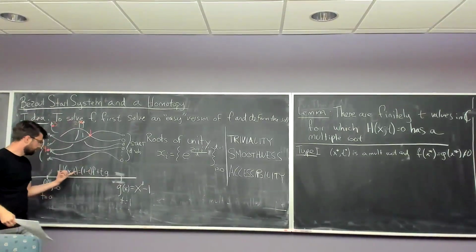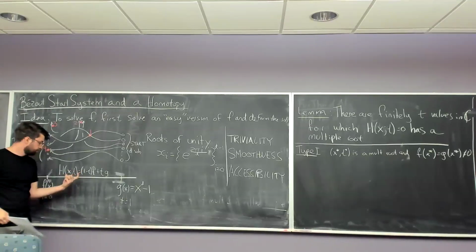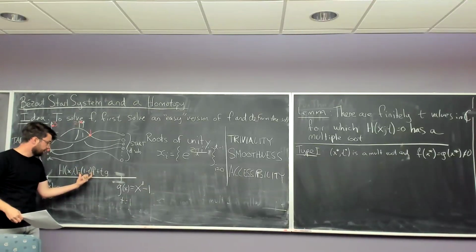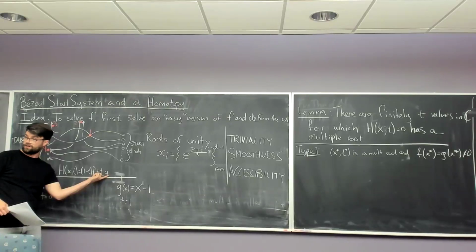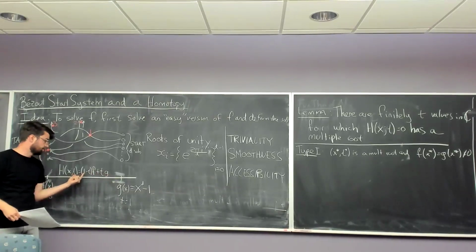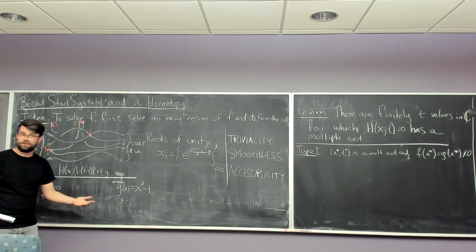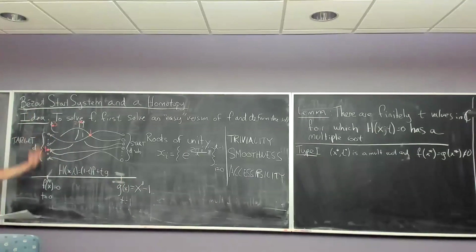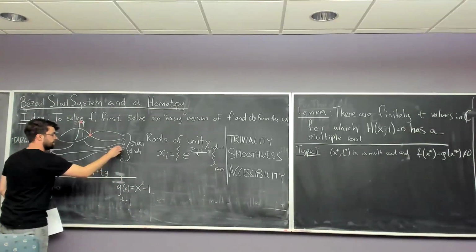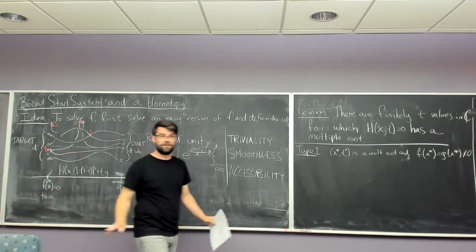Let's evaluate this homotopy at x star. If f of x star is equal to g of x star, then we can just replace g of x star with f of x star. And we actually get that this is just f of x star, regardless of the t value. In other words, if the start system has a common solution with the target system, there's some solution which is invariant under the homotopy.